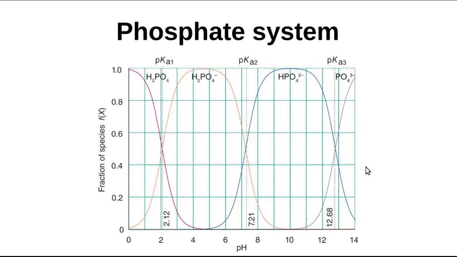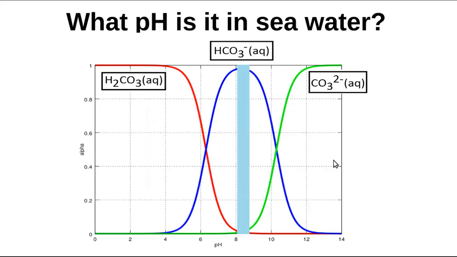A question. This is the hydrogen carbonate system, or it's the carbonate system if you wish to speak about carbonate ions, or it's the carbonic acid, or the carbon dioxide system.